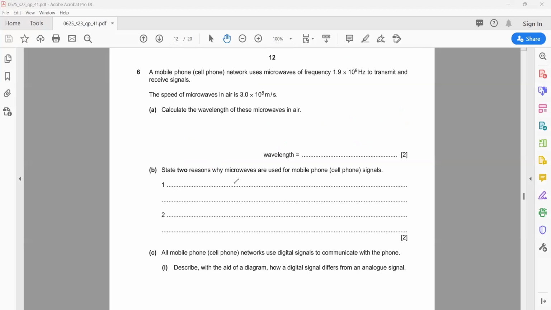Okay. After that, state two reasons why microwaves are used for mobile phones. So, number one, they need short antennas. Number two, they have more penetration power.